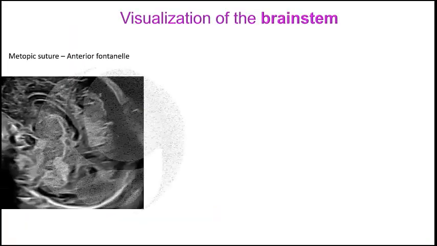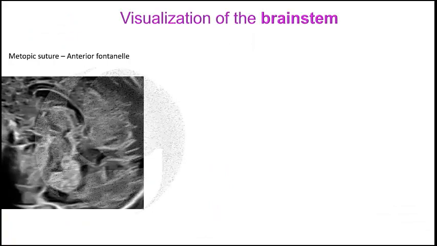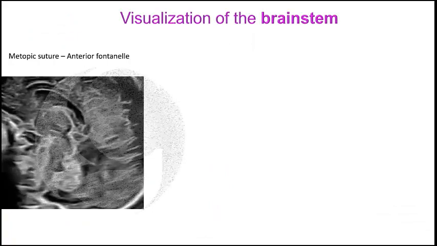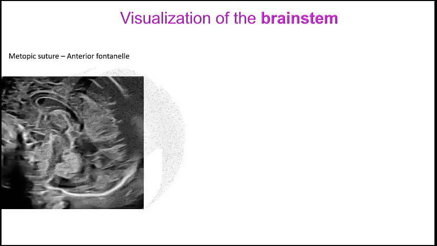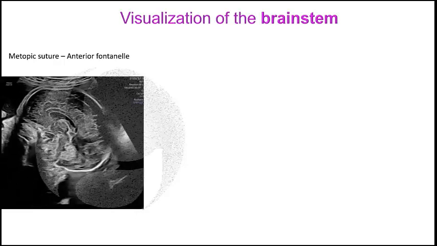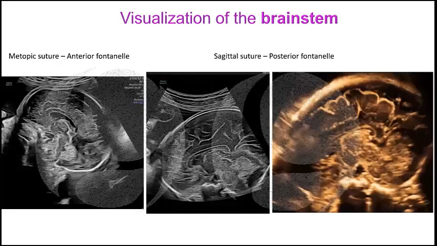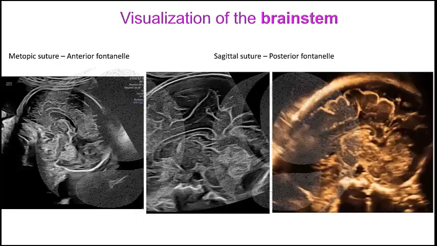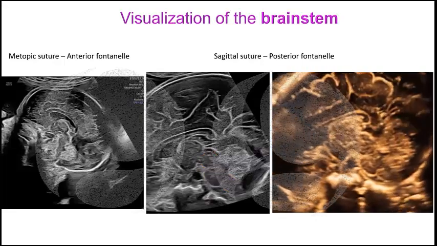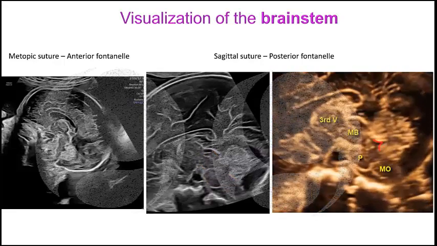For the visualization of the brainstem, the best approach is the mid-sagittal plane. But if we insonate through the anterior fontanelle, most of the time we will not get a clear vision because of shadowing.